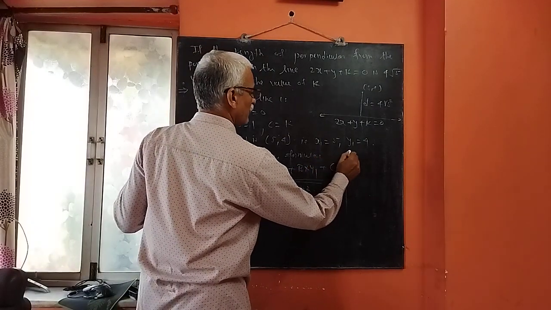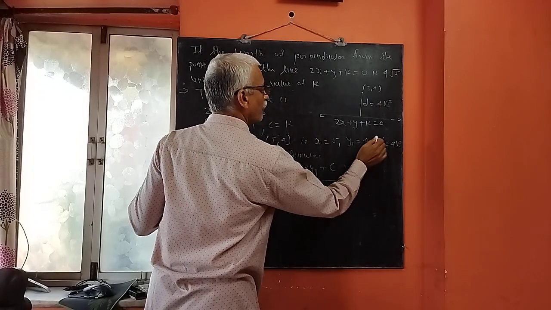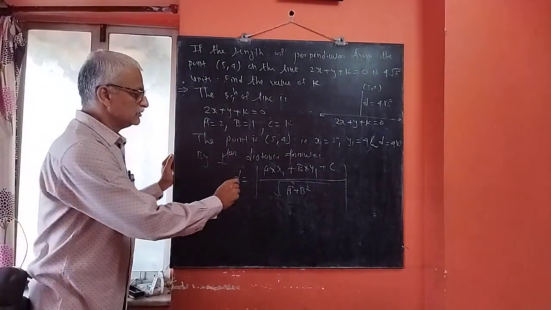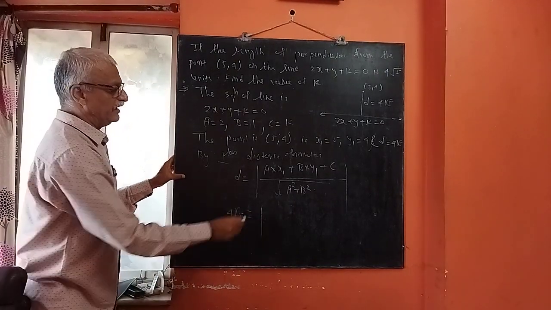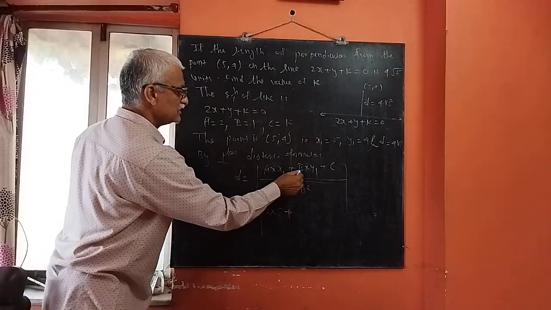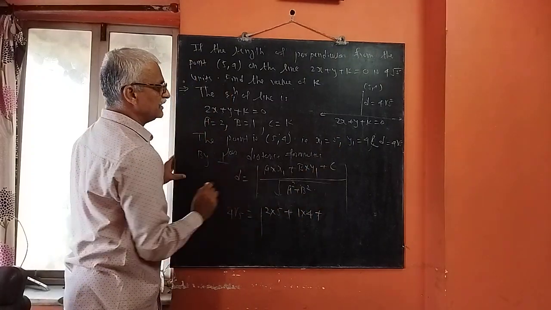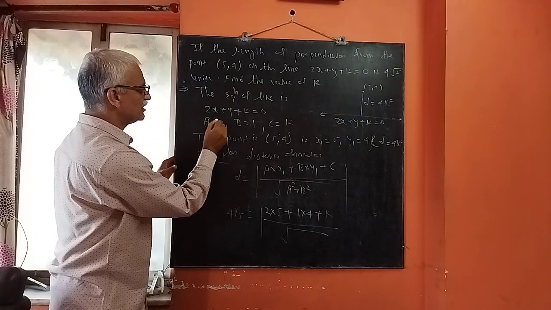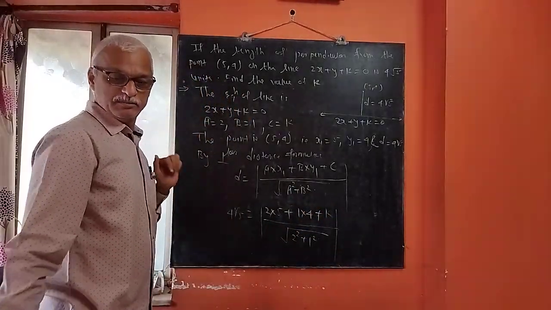So substituting all the values here, 4 root 5 is equals to a into x1, a is 2 into x1 is 5, plus b into y1, b is 1 into y1 is 4, plus c, c is our k, divided by square root of a square, that means 2 square, plus b square, that is 1 square. Now we have to simplify it.